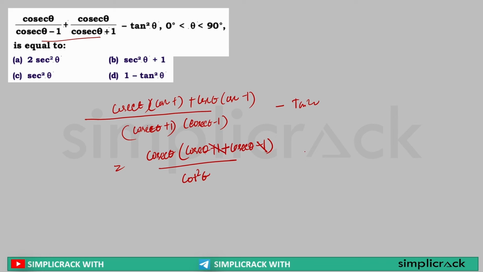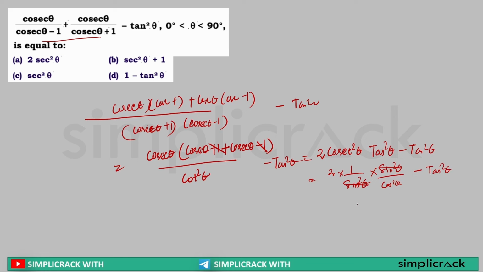So 2 cosec square theta over cot square theta, minus tan square theta as it is. Cot square theta can be written as tan square theta. Now here cosec square theta is equal to 1 by sin square theta, and tan square theta is equal to sin square theta by cos square theta. Sin square theta crossed out, minus tan square theta.